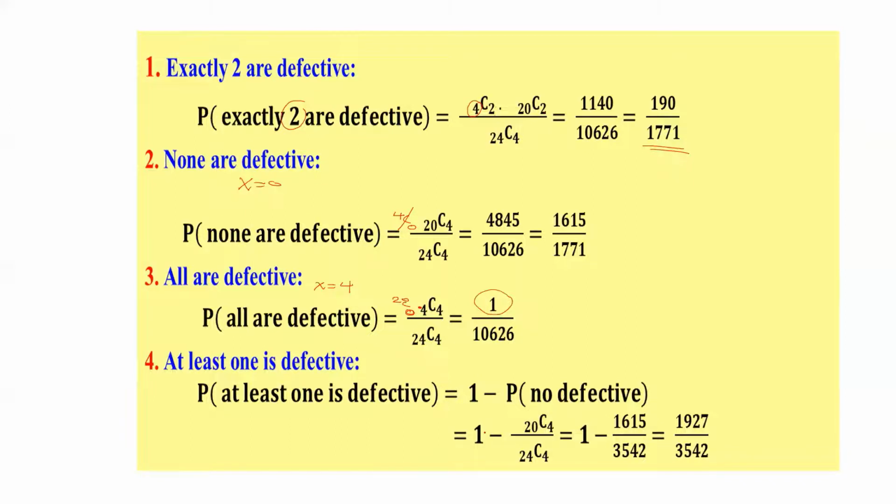P of 0 is 20C4 over 24C4, with 4C0, which is like none. So this is the hypergeometric distribution. Hopefully now it is clear.